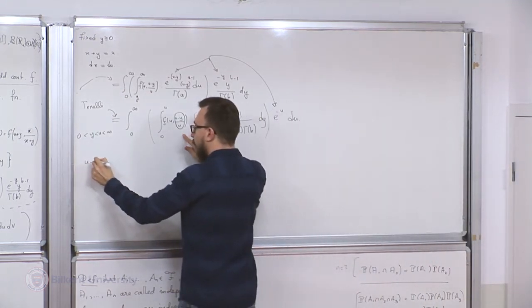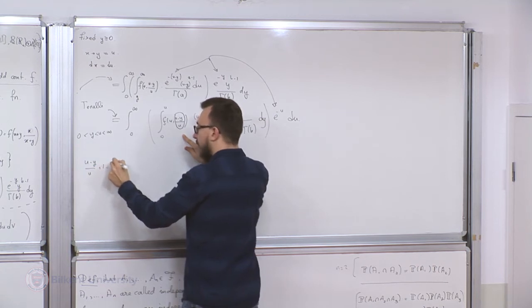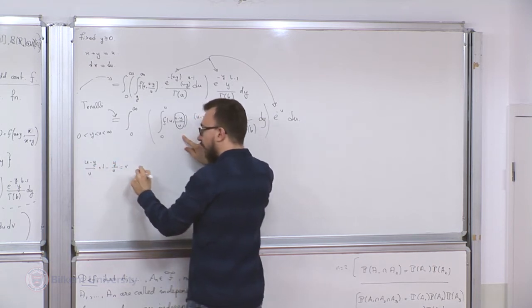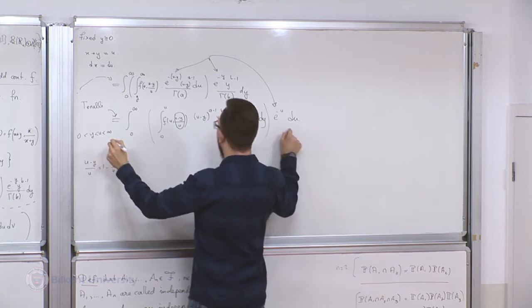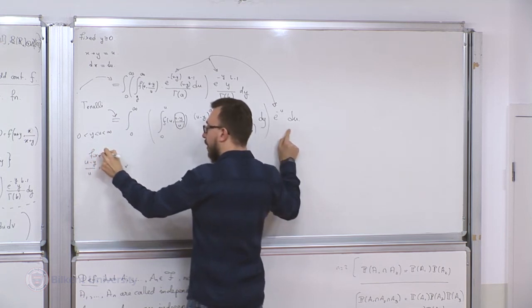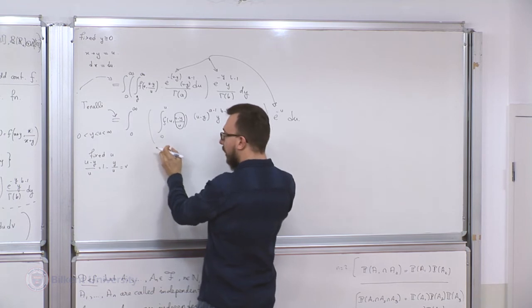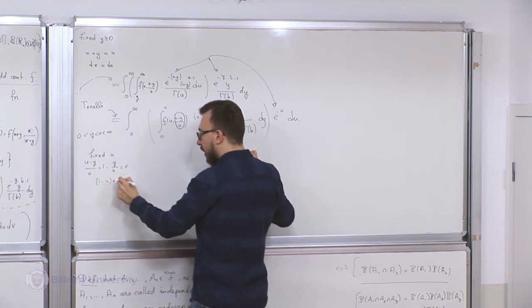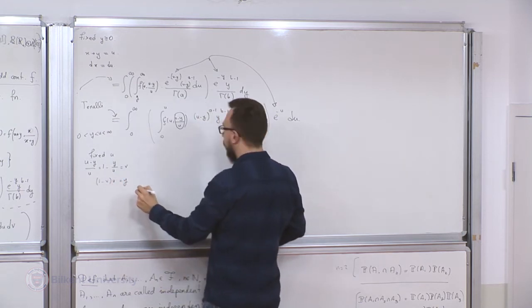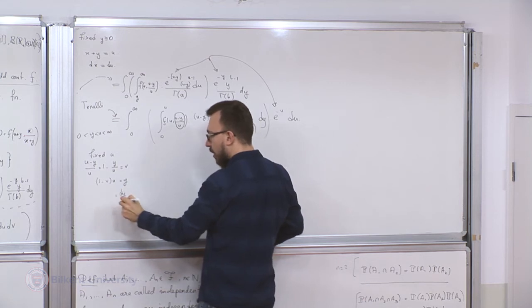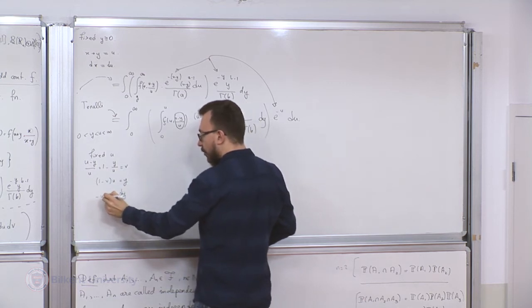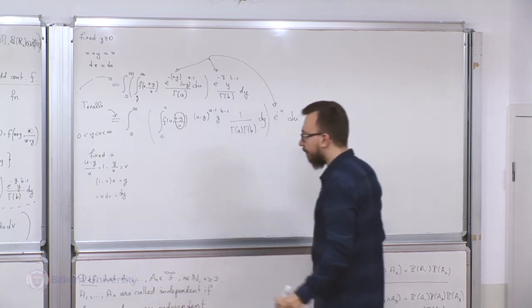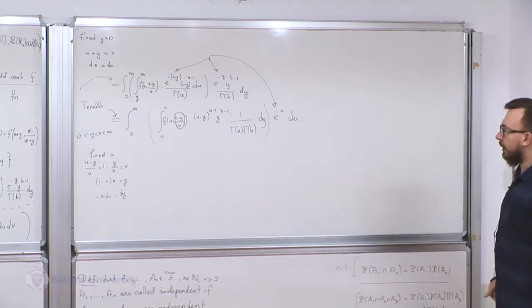Well, you see, (u minus y) over u is just 1 minus y over u. Let's call it v. I do it for fixed u. We are in the inner integral. I do it for fixed u so that this becomes y. And what is dy? Well, it is just u dv. Just u dv.